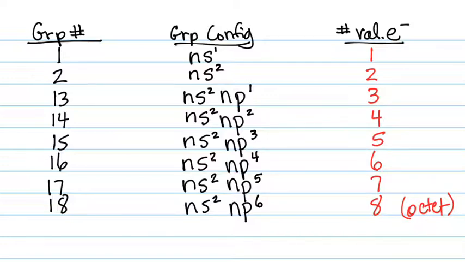Let's also go look at a periodic table version of this. So if I have my periodic table and I've labeled the groups 1, 2, and 13 through 18 for our S and P block, the number of valence electrons that we have: group 1 is 1, group 2 is 2, and then we jump over, group 13 is 3, and that goes all the way up to 8 valence electrons for group 18.